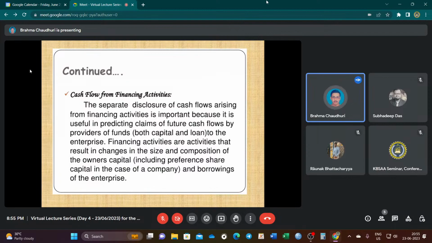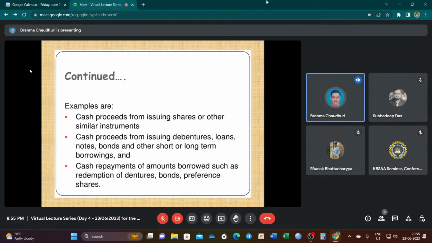So all these are the various types of financing activities, and cash inflow or outflow may arise due to these financing activities. So broadly, these activities are classified into three categories: operating activities, investing activities, and financing activities.